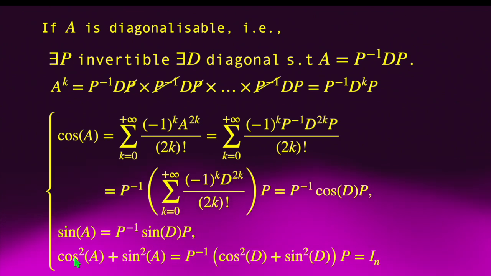And now the formula cosine squared A plus sine squared A is equal to identity follows easily from this case.